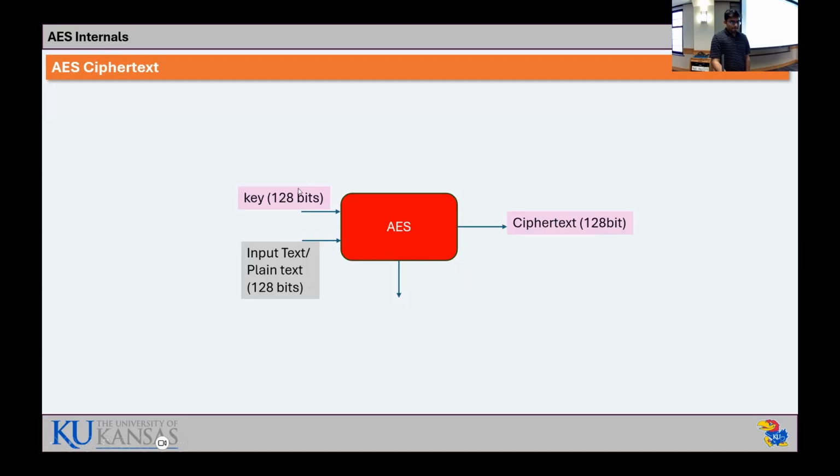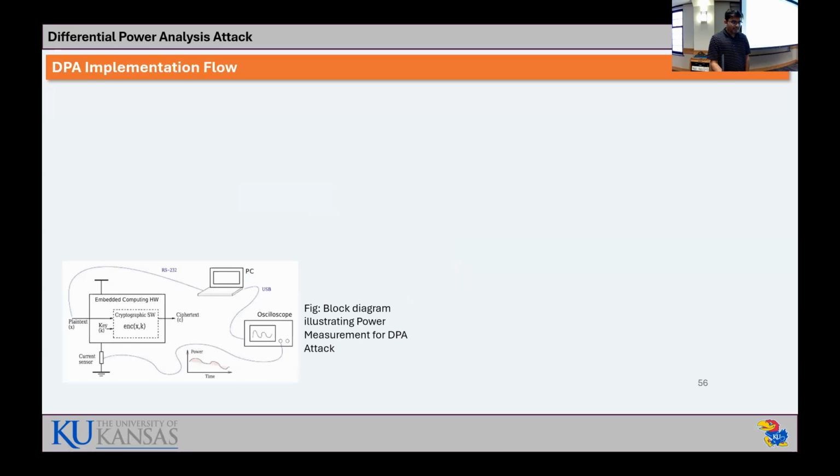Therefore, we'll change the key byte by byte, not bit by bit. This is an important piece of information. And then we'll see how the ciphertext is changing, and also how our power trace is changing.